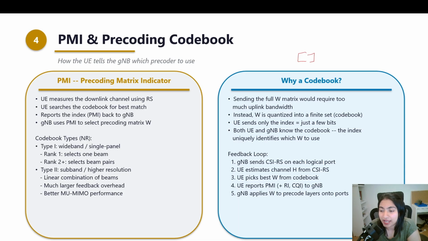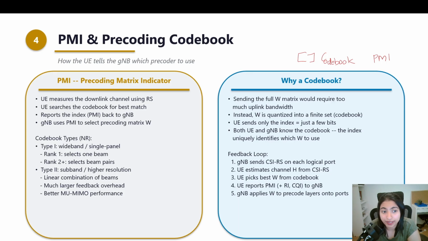Therefore, 3GPP has defined a codebook, which is a predefined set of weight matrices. The UE just sends a precoding matrix indicator, or PMI, as a few bits. So both the UE and the gNodeB share the same codebook as defined in 3GPP.